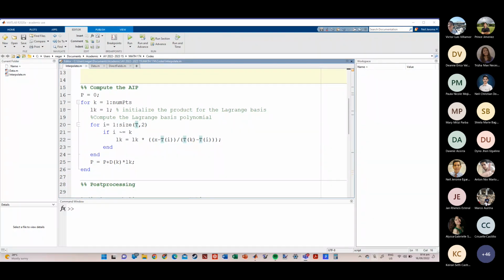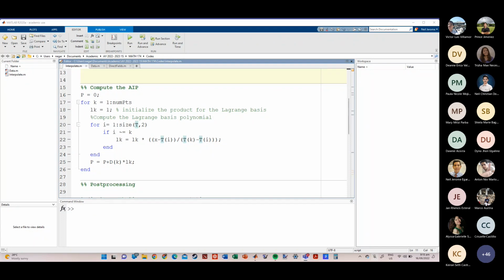And then we will be iterating on the summation. Right? Kaya naka for loop yung pagkuha ng sum. That's the outer for loop here. And then k goes from 1 to n plus 1, but n plus 1 is the number of points. That's why here I have k equals 1 colon num points. Yung columns, sabi niya lang 1, 2, the number of points.